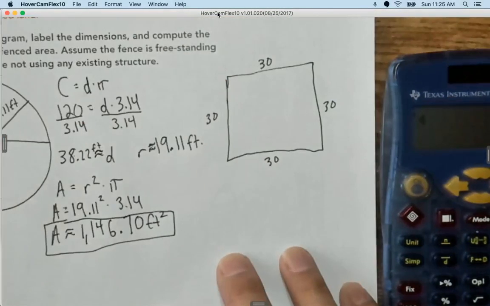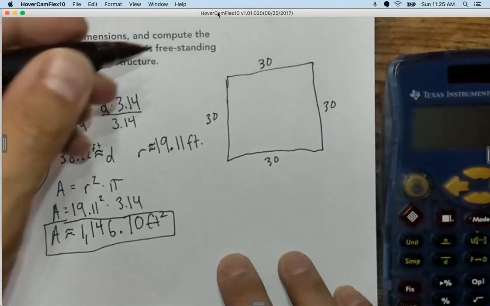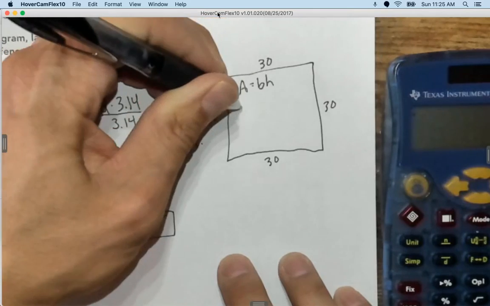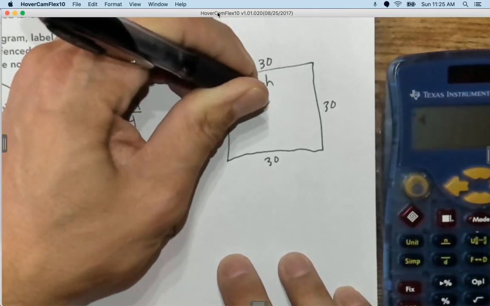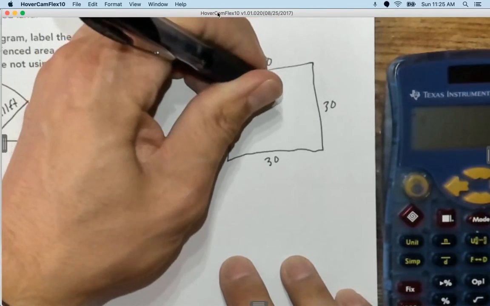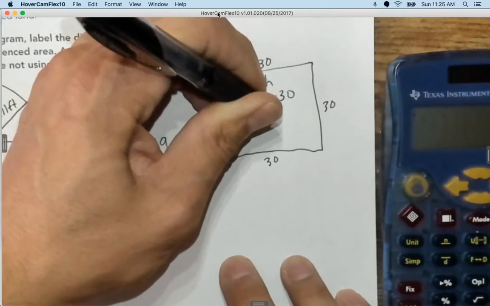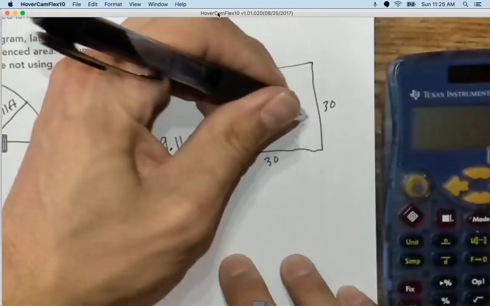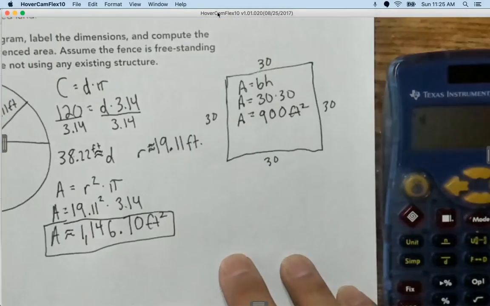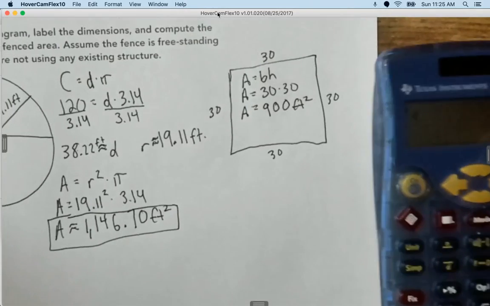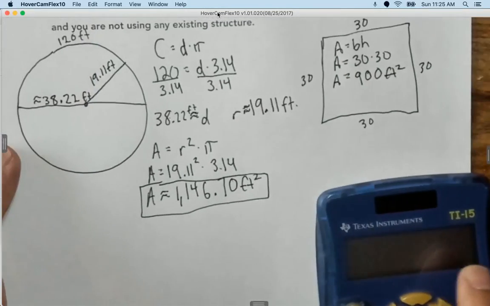Then the area would be base times height, 30 times 30, since it is a square, which is going to be 900 feet squared. Okay, so the circle is larger than the square with the same amount of fencing, according to this, unless I've made a mistake. This is a tricky one.